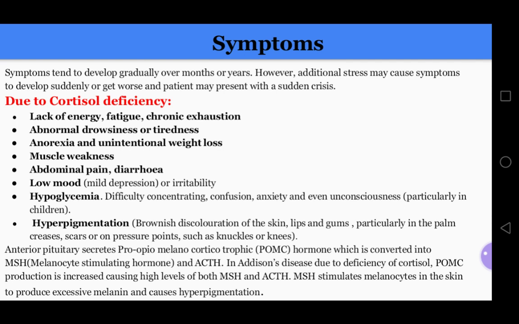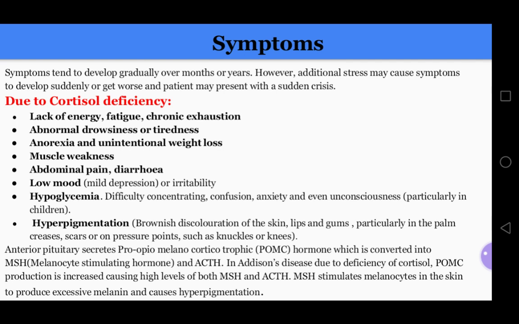For example, due to cortisol deficiency, the patient experiences lack of energy, fatigue, chronic exhaustion, abnormal drowsiness or tiredness, anorexia and unintentional weight loss, muscle weakness, abdominal pain, diarrhea, low mood or mild depression or irritability, hypoglycemia, causing difficulty in concentrating, confusion, anxiety, and even unconsciousness, particularly in children.